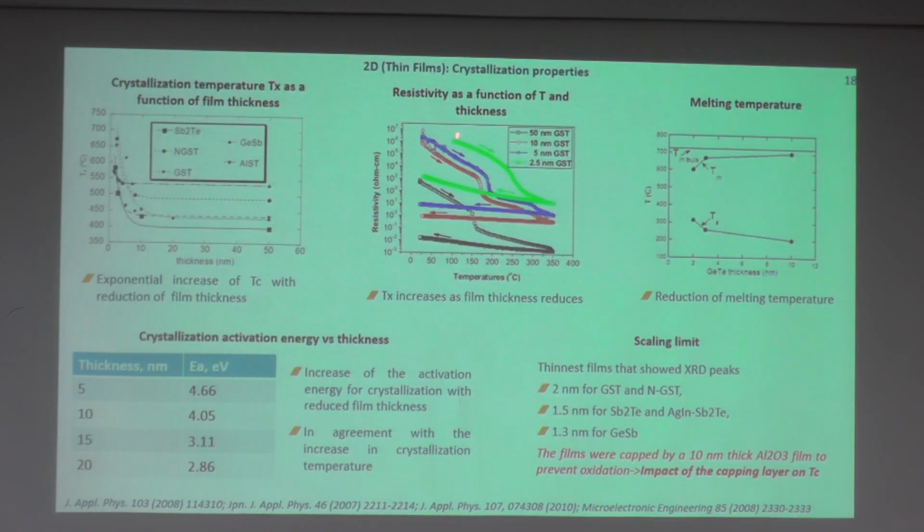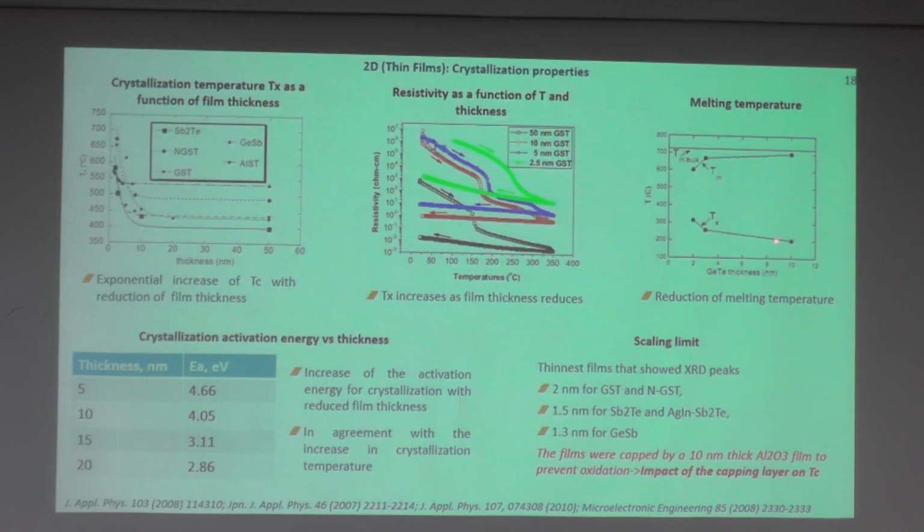It's like here in this range. Here this is 5 and 10. So you see, for thicker thin films like 50 nanometers, the initial resistance is about 3 orders of magnitude lower compared to the nanoscale thin film.